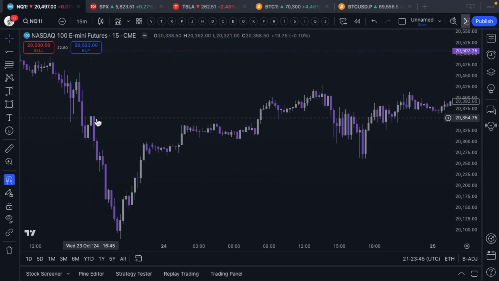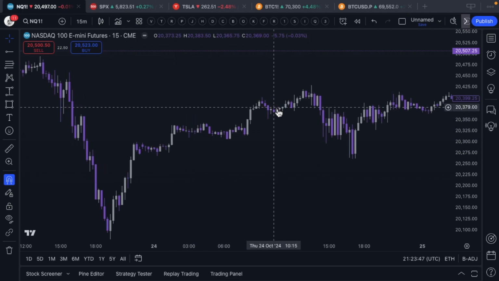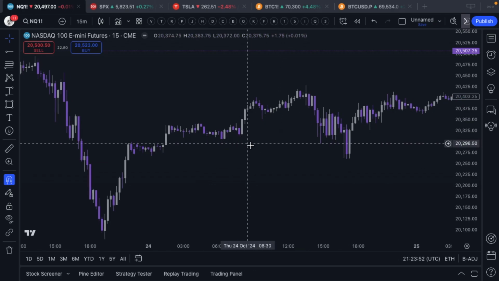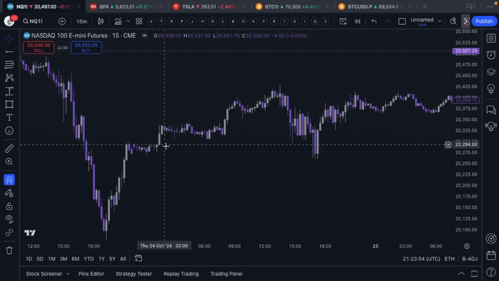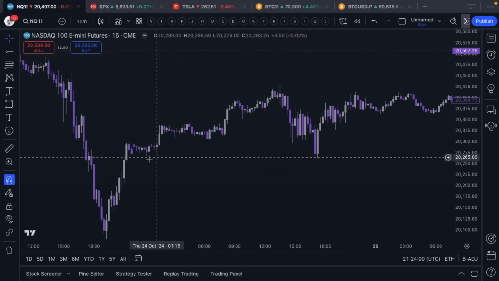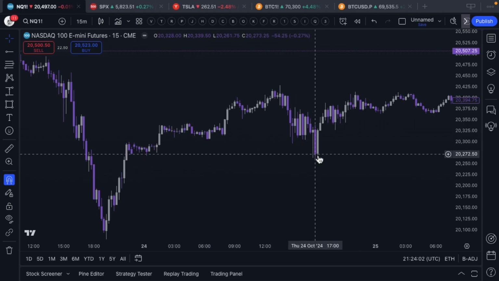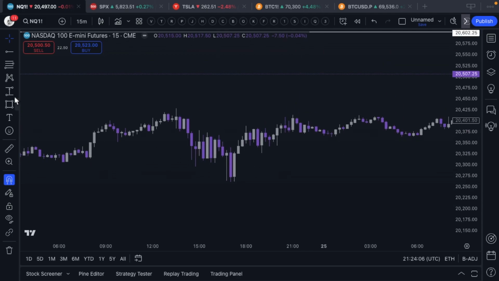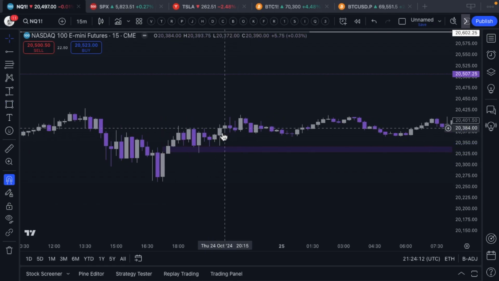You take that high, and now you start doing the same thing. You start looking for an opportunity to get in on a fair value gap. And here's a fair value gap that's already been hit into. Price then comes down, sweeps this little consolidation zone, moves away, and then surprise, surprise, you're left with a fair value gap right here.